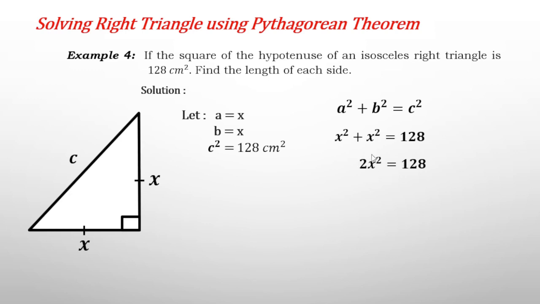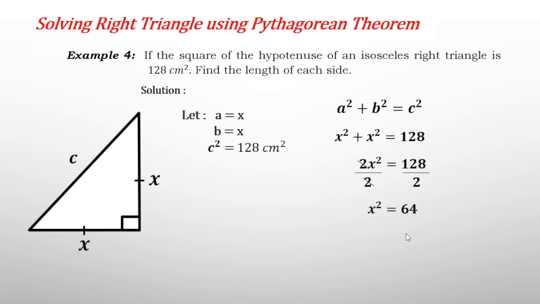Next, we need to isolate now the x squared by dividing both sides by 2. So 2x squared becomes x squared, and 128 divided by 2 is equal to 64. So we have now x squared is equal to 64.